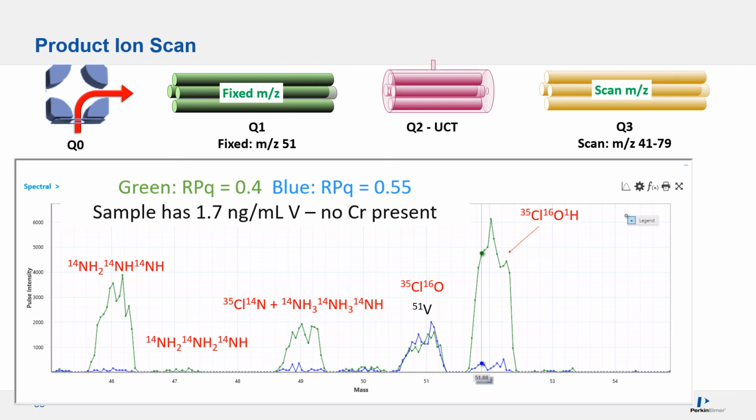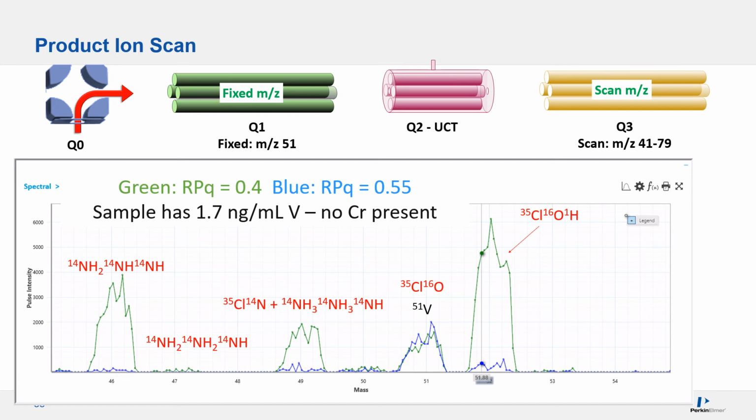And you'll see when we increase the RPQ that these ammonia-based clusters are gone. So they've reduced down to significantly lower background levels.